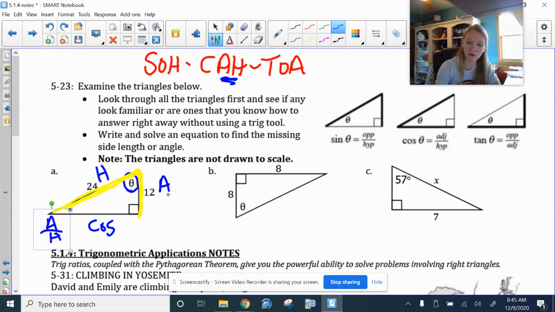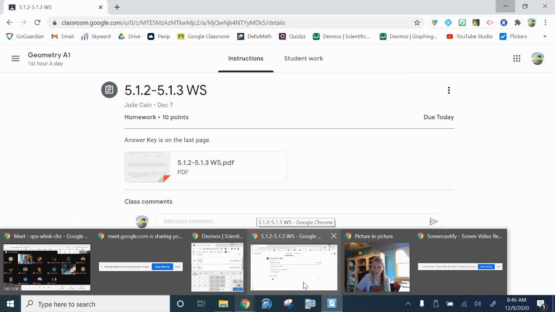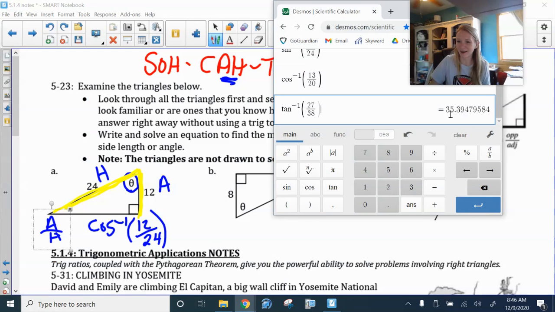We are looking for the angle, so we're going to use our inverse. This is just what we were talking about on the blue sheet. Now I'm going to type that into my calculator. I have a lot of tabs open. There we go.